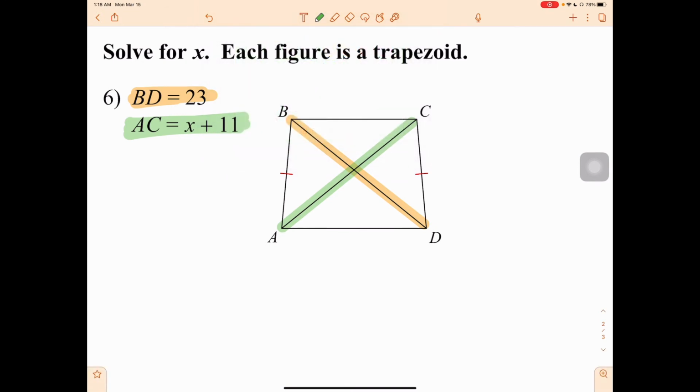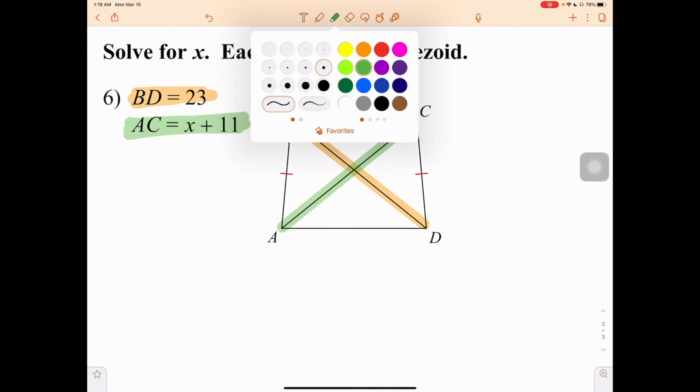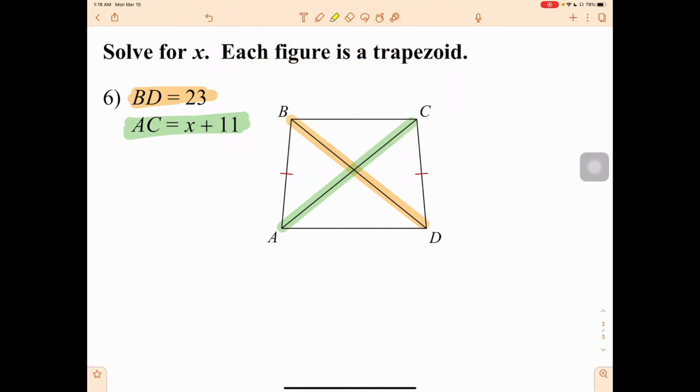Okay, we know that this is an isosceles trapezoid, and that is whenever it has the two sides that are equal to each other. So since this is an isosceles trapezoid, then I know that the diagonals are congruent.